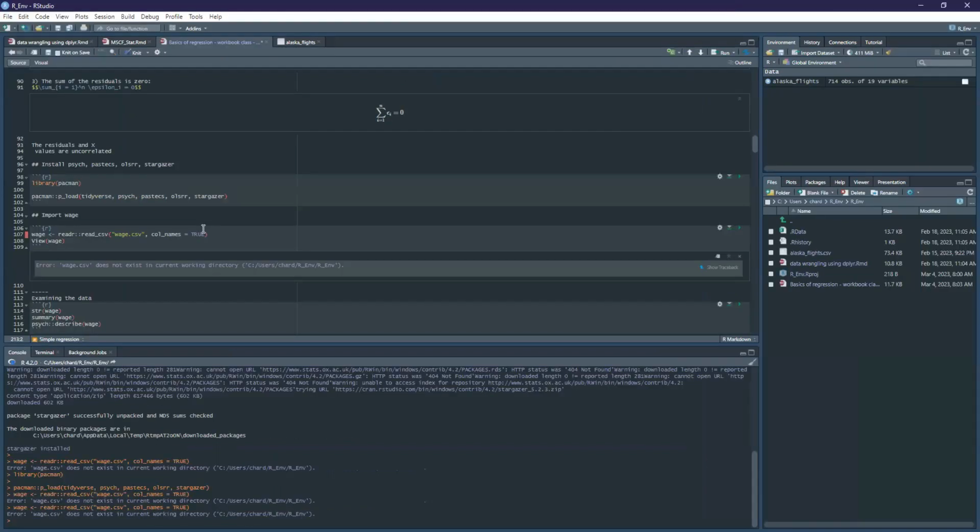Okay, wage with R, CSV, column names, true. Wala pa yung wage data mo, tingnan mo sa lower right. Sige, i-share ko yung wage data set dito sa chat box, tapos i-load mo dun sa project folder mo. Okay, sir. Sige.